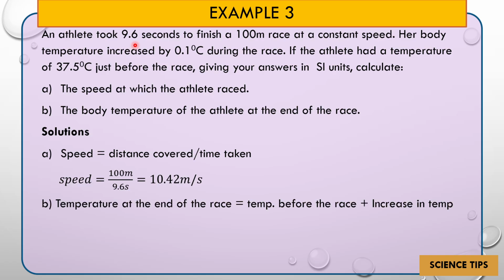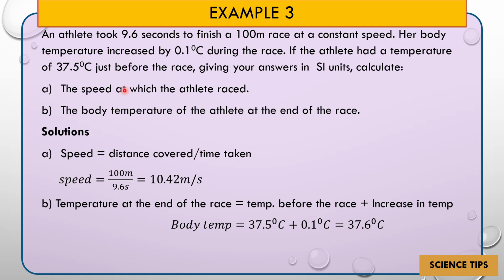And to get the second one, the temperature at the end of the race equals temperature before the race plus the increase in temperature. So we're given the increase in temperature to be 0.1, and we just add them to get 37.6 degrees Celsius.